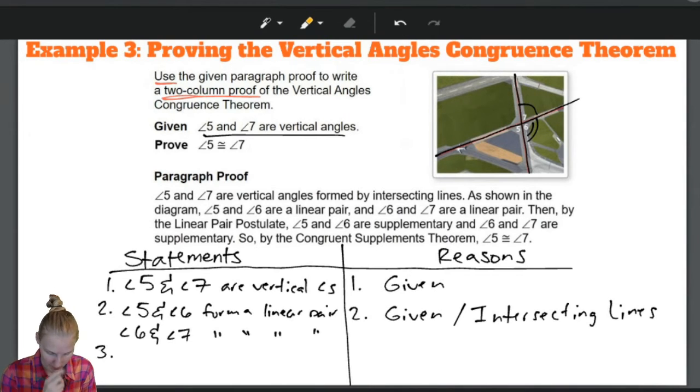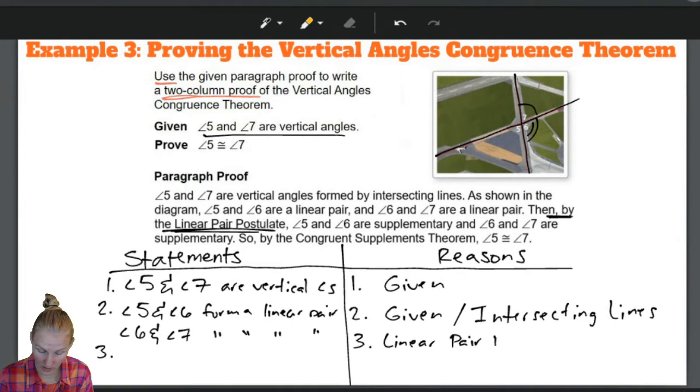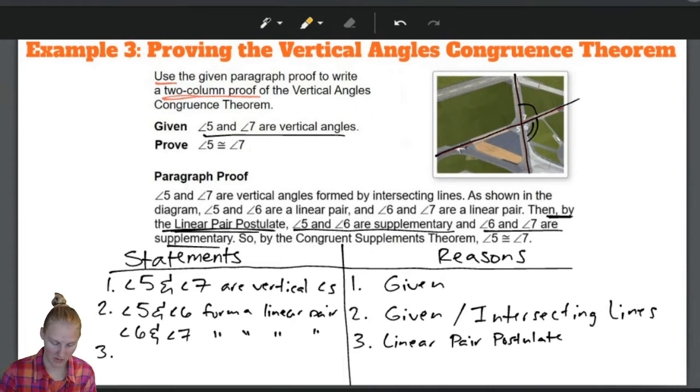Okay. So step 3, let's see. By the linear pair postulate. When it says by the linear pair postulate, I can tell that that's my reason. The linear pair postulate tells me, and what does it tell me? It tells me that 5 and 6 are supplementary, and 6 and 7 are supplementary.